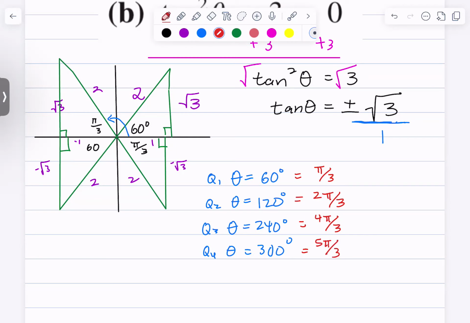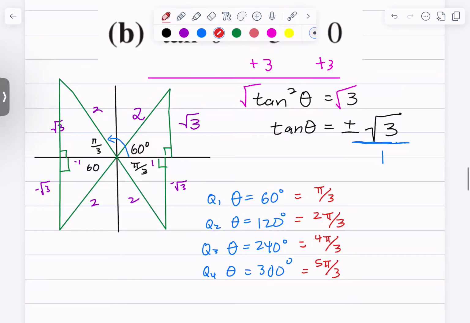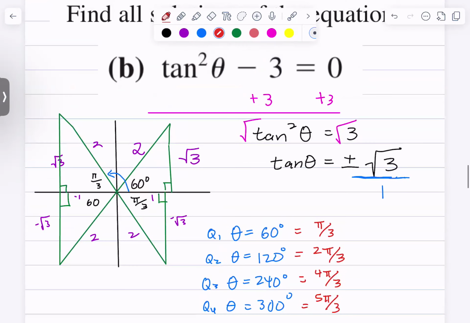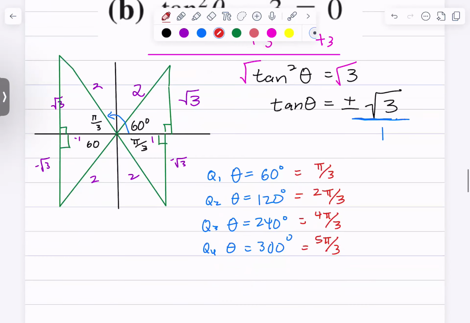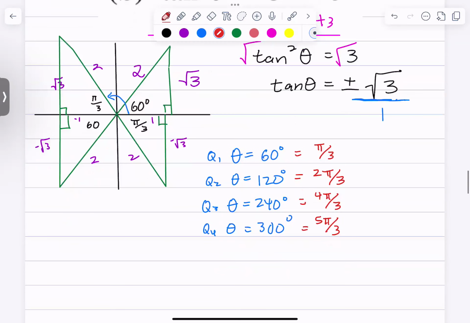So all of these are my answers in one, right? But I want to find all. So what am I going to add?